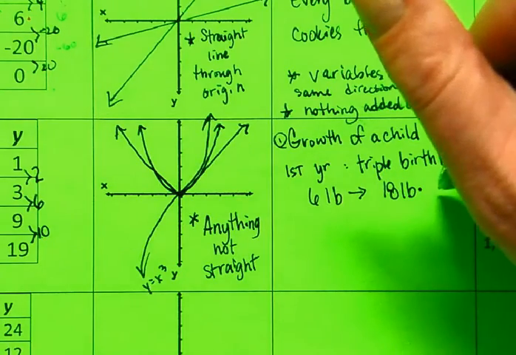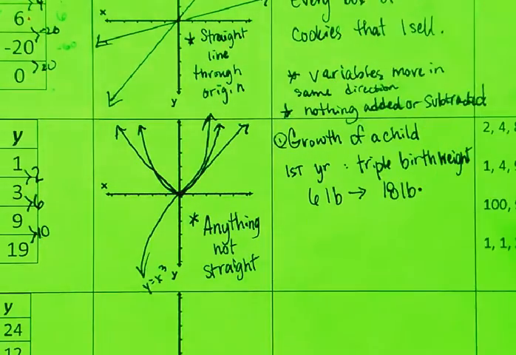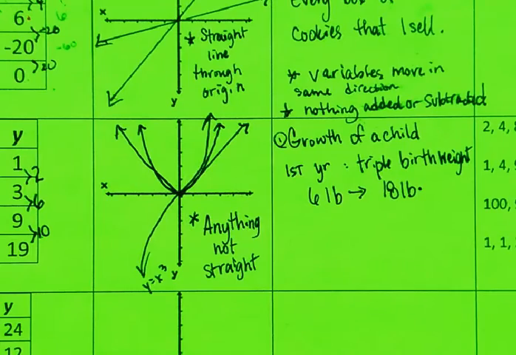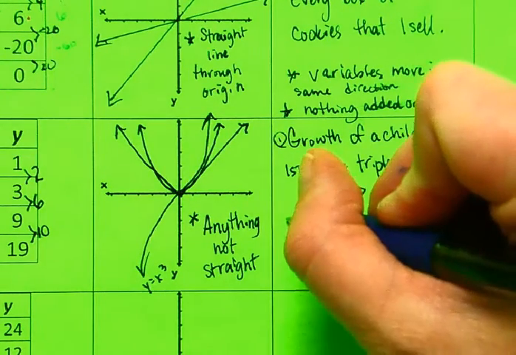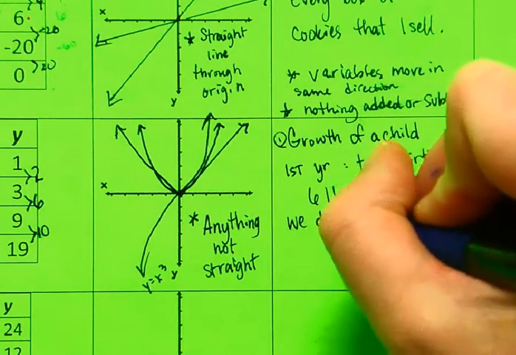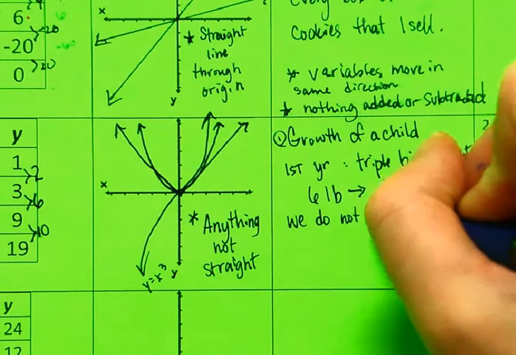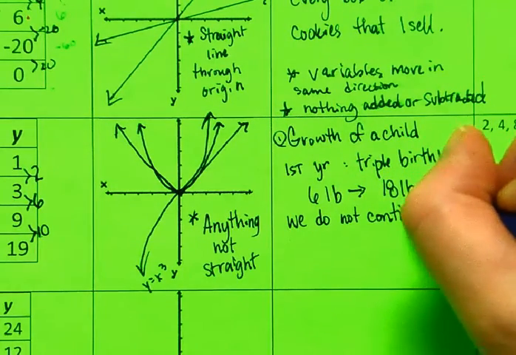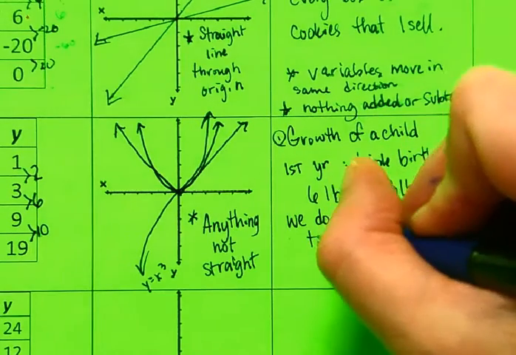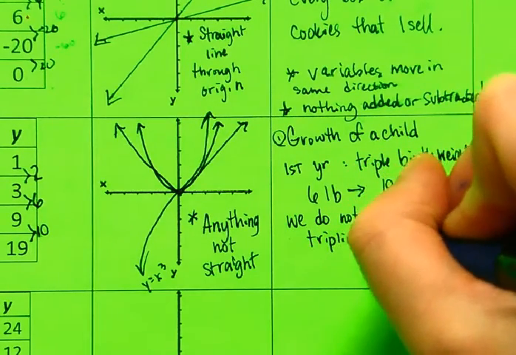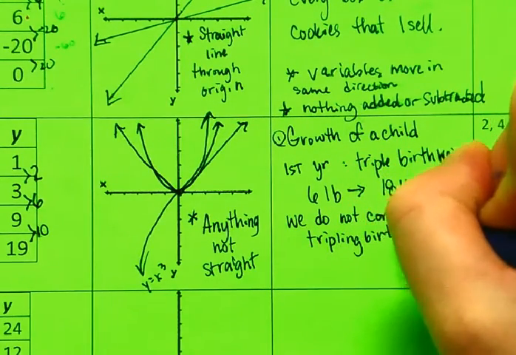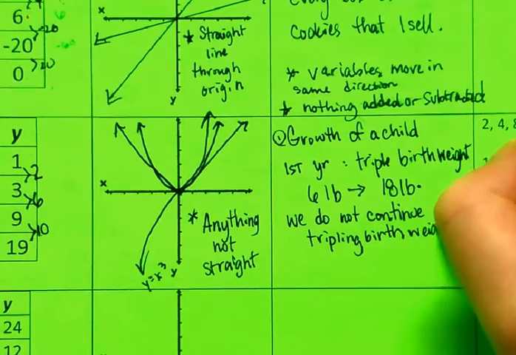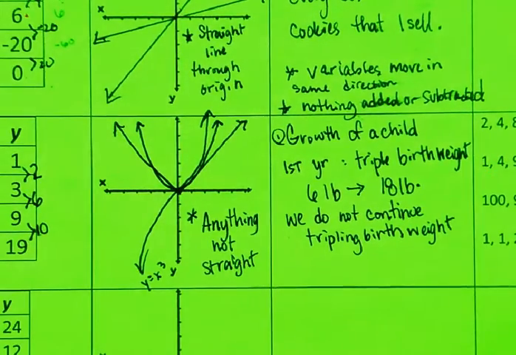This is not a linear experience here, because we do not continue tripling our birth weight. If we did, we'd be ginormous.